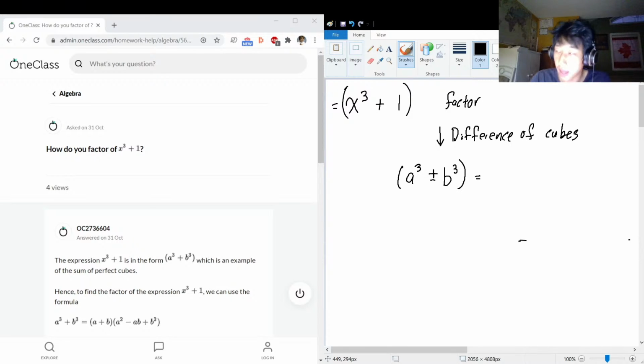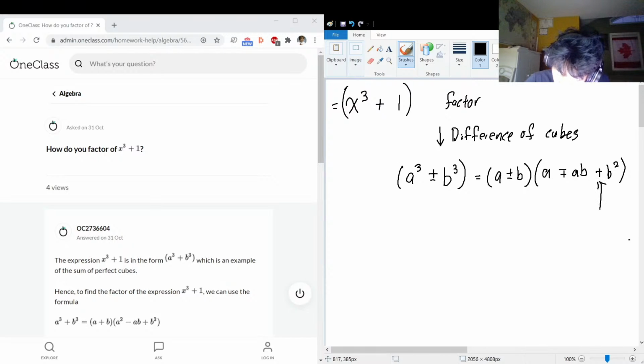It can be added, it can be subtracted, it'll work either way. So if we have a cubed plus or minus b cubed, we know that the result is going to be a plus or minus b, multiplied by a squared minus or plus ab plus b squared. Now this last term is always positive.